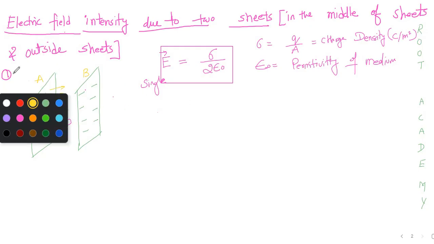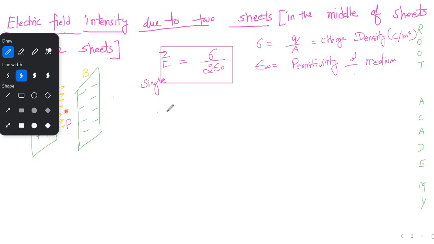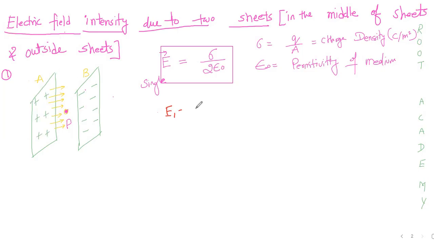Let me write down the electric field due to the first sheet. It will be nothing but sigma by 2 epsilon naught and the direction will be A to B, from left to right. Let me call this left and this right. So the field direction will be from left to right.